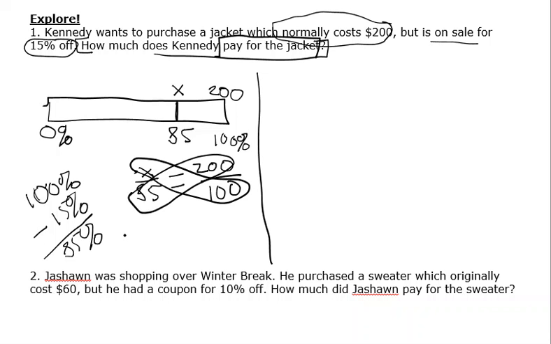So I have 100 times x is equal to 85 times 200, which gives me 17,000. I'm going to divide both sides by 100. That leaves me with x is equal to 170.